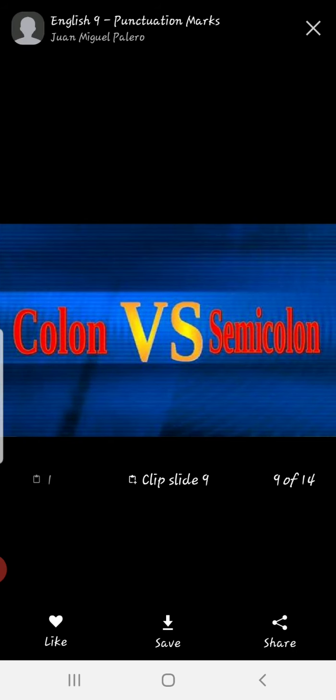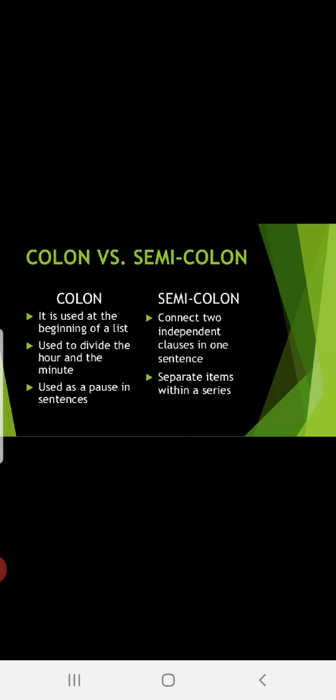Now, colon versus semicolon. This is a confusing situation for everyone. Different confusions are created about where we should use a semicolon and where we should use a colon. A colon is used at the beginning of a list. Children, we use it in the beginning of a list. Two dots are also used to divide the hour and the minute.